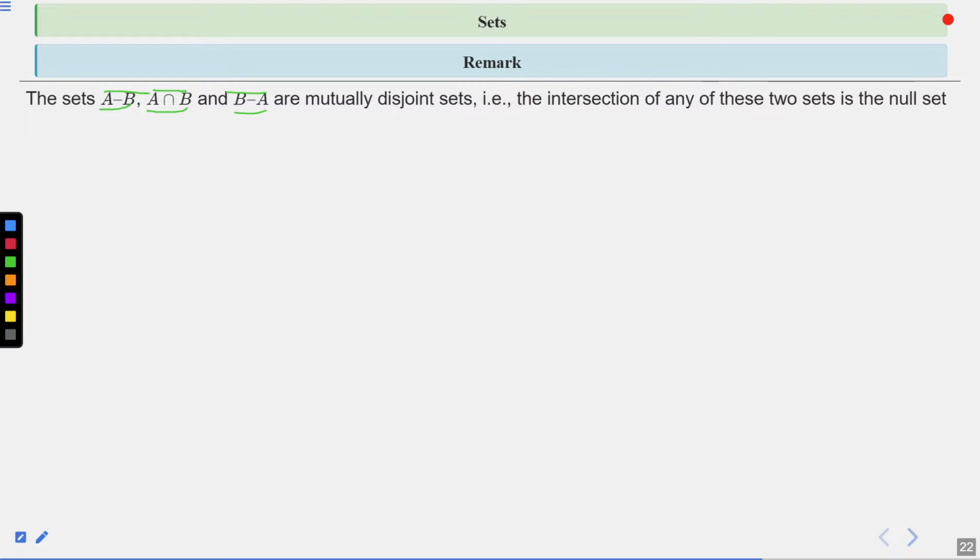No. Why? There will be no common elements to all these three sets. The intersection will be empty, meaning they are all mutually disjoint sets. The intersection of any two of these sets is simply the null set. Clear?